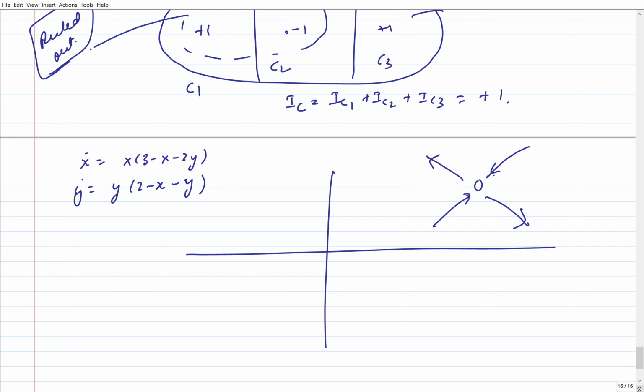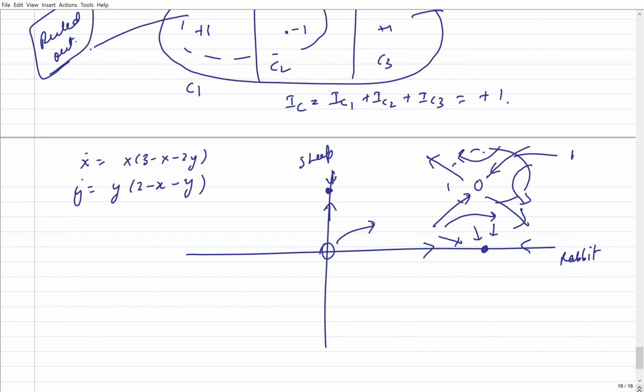Out here I had a saddle point, remember, in this phase portrait. Here was a fixed point. These were the rabbits. These were the sheep. Here was another fixed point, these lines, and this was an unstable point. So immediately one can rule out that there is a closed orbit.